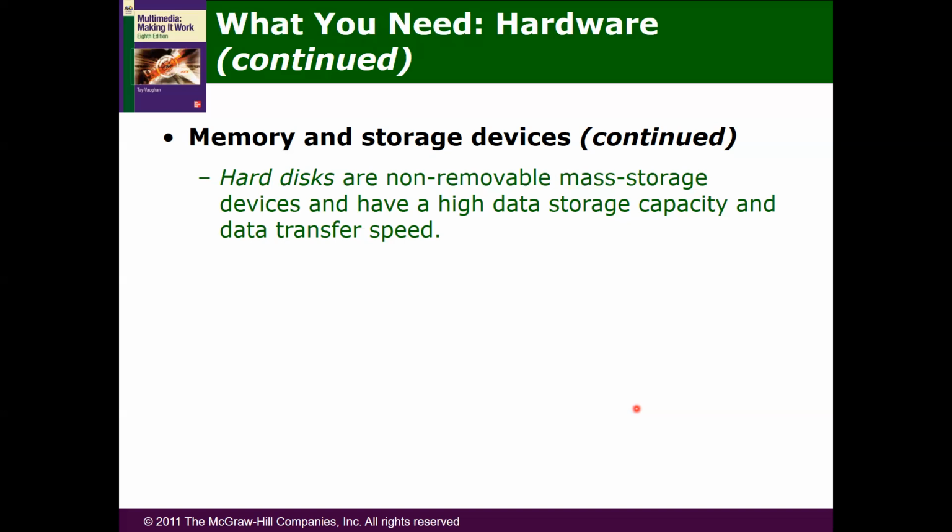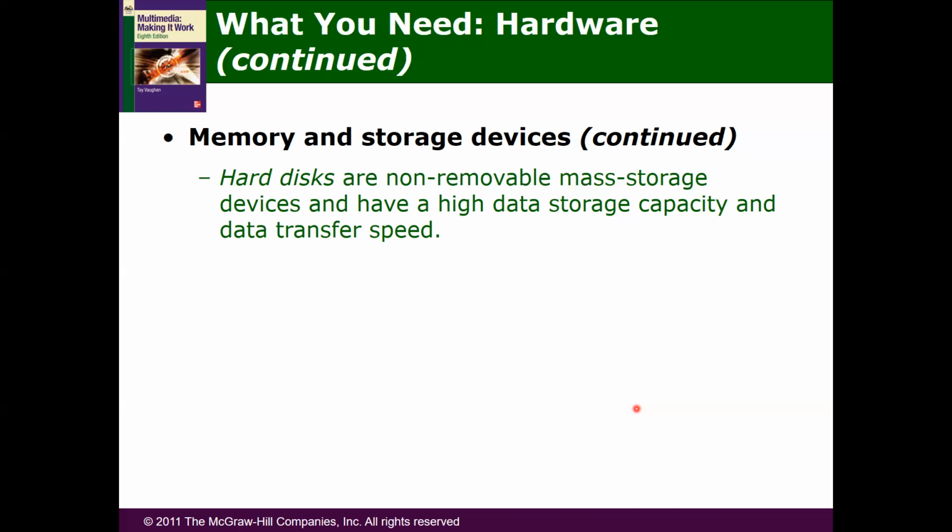Now, you must be thinking, okay, why non-removable? We have removable hard disks now. Those are called external hard disks. There's a big difference between hard disks and external hard disks. Why? External hard disks, you don't need to plug into your computer system. It does not hold your operating system, whereas a hard disk does. The connection is different. With a hard disk, you have an IDE or SATA connection.